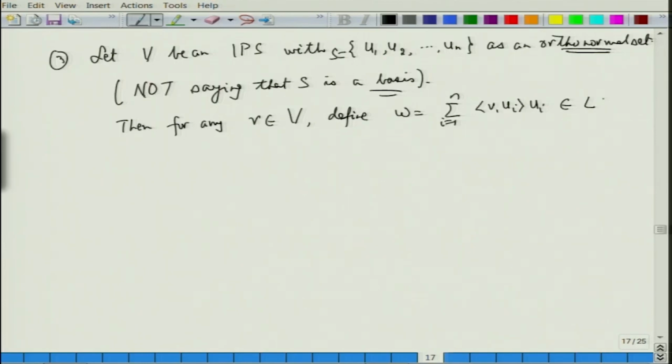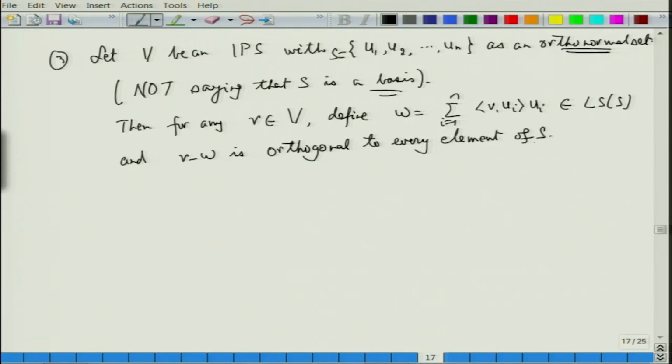Then this belongs to the linear span of S, and V minus W is orthogonal to every element of S. So this is very important, this concept.